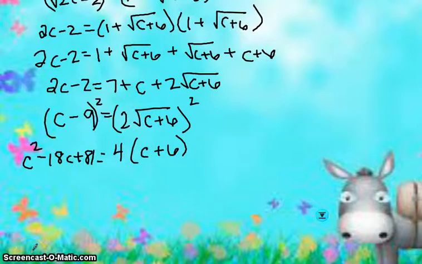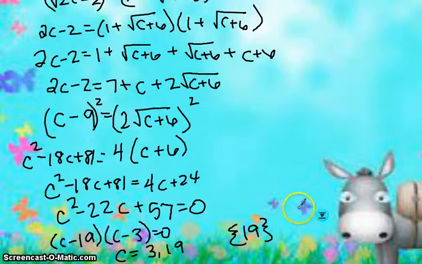From there, it's just algebra, so I would like you to take it down from there, set it equal to 0, and solve. Make sure that you are going back to check these two solutions of 3 and 19. You should find that 3 does not work, and your only solution here is 19.